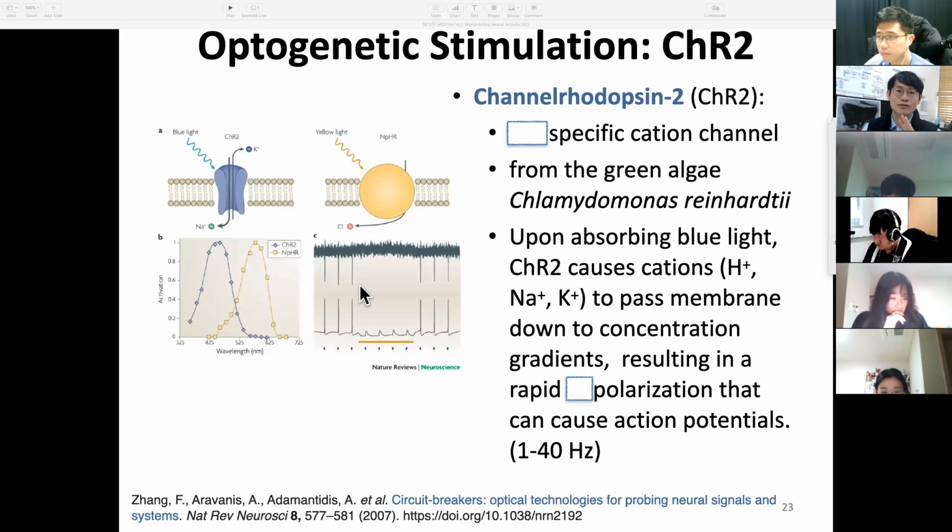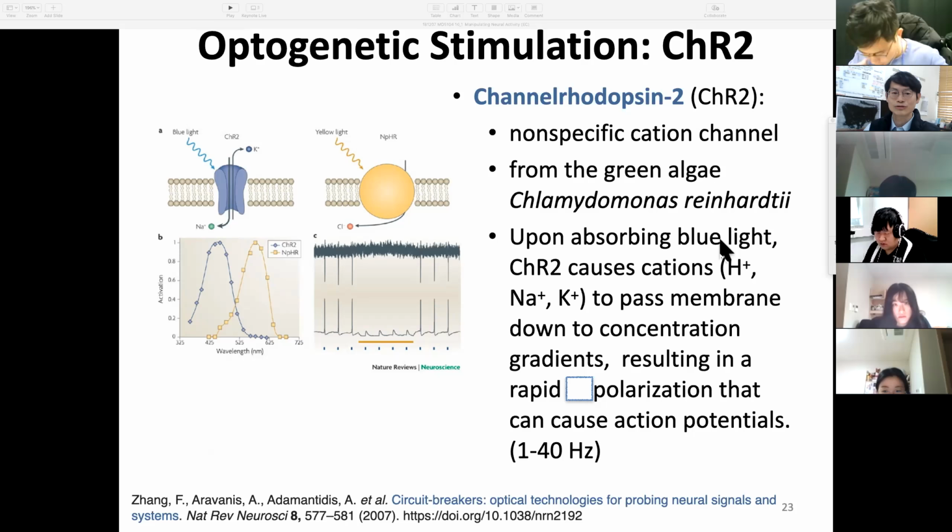So I'll go over a couple of these. Optogenetic stimulation of this channelrhodopsin 2, which is in fact a non-specific cation channel. Where does it come from? It's not from humans. It's not from vertebrate animals. It's from green algae. You see, this algae has a sensor for light, and we are using it.